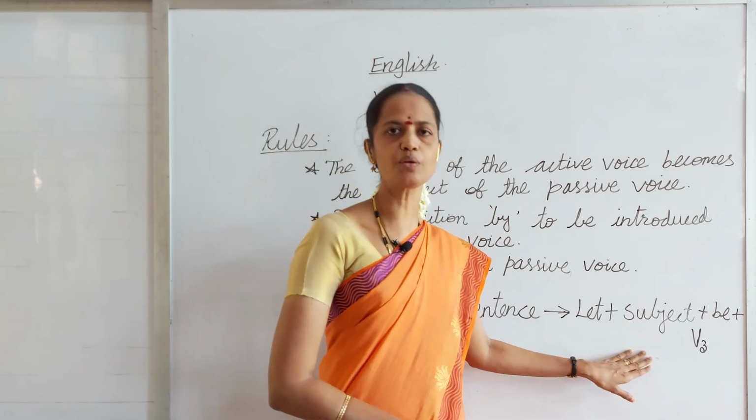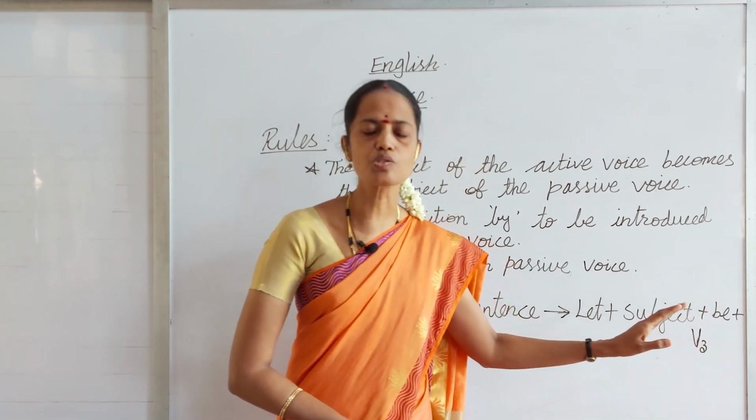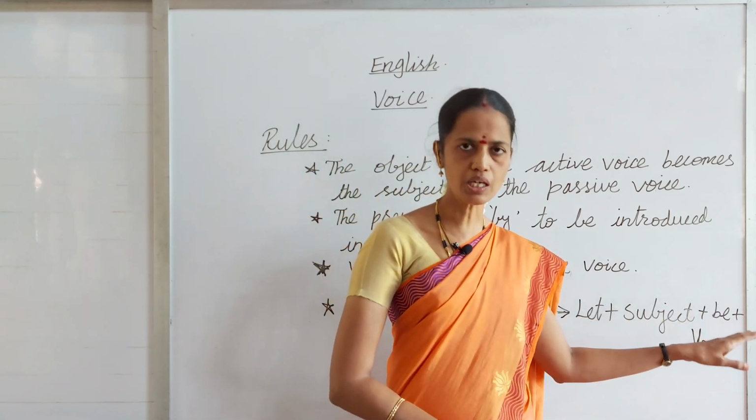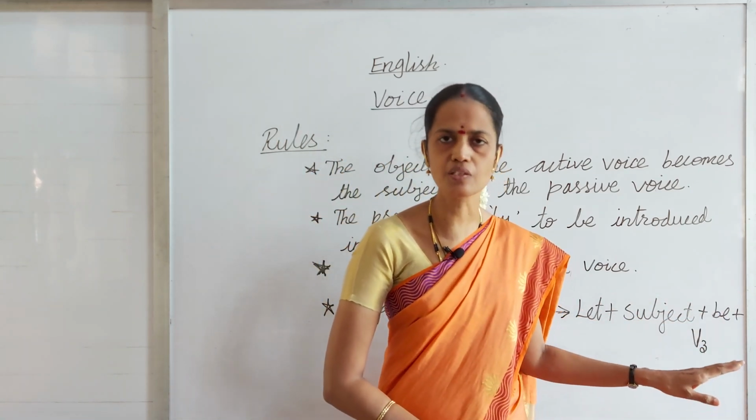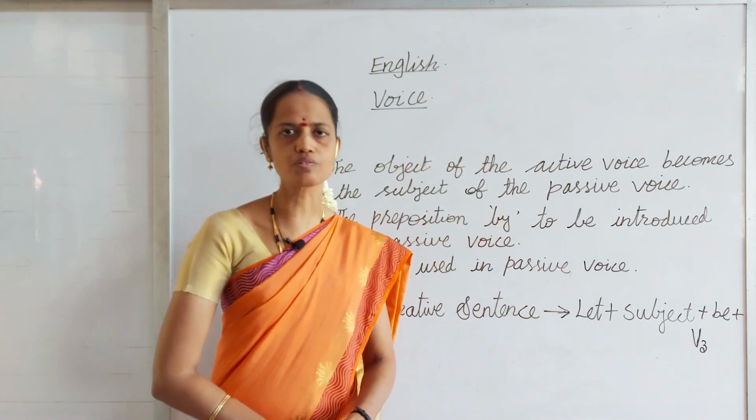After that we have to use the subject. Then we have to introduce the primary auxiliary be, and the be is followed by the third form of the verb. So these are the rules we have already said.